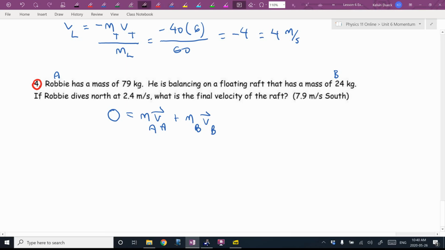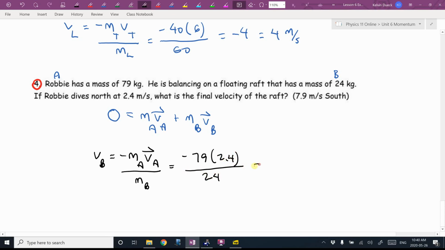If I get the velocity B by itself, I'll get velocity B equals negative mass A, velocity A, all over mass B. It's going to be negative 79, 2.4 divided by 24. Oh, I can do that in my head because the 2.4 divided by 24, that just ends up with a 10 on the bottom. It's going to be 79 divided by 10. It's going to be negative 7.9.